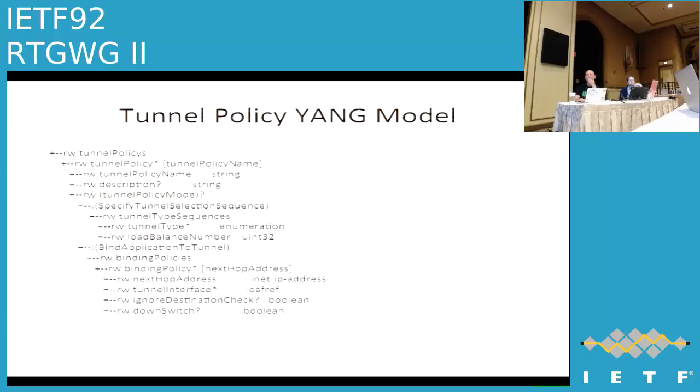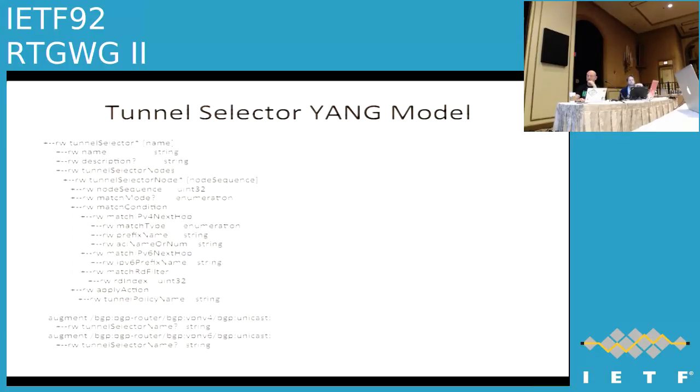Okay, here is the tunnel selector for the route. This is the YANG model. Here we can see it defines the selector name. It can match the next hop, and it can apply the tunnel policy. This means that when the next hop is matched, it can select the corresponding tunnel based on the tunnel policy.